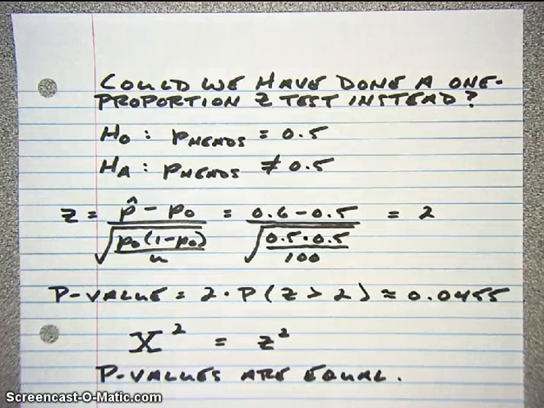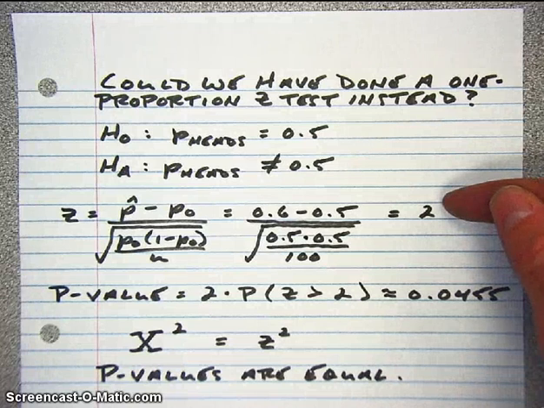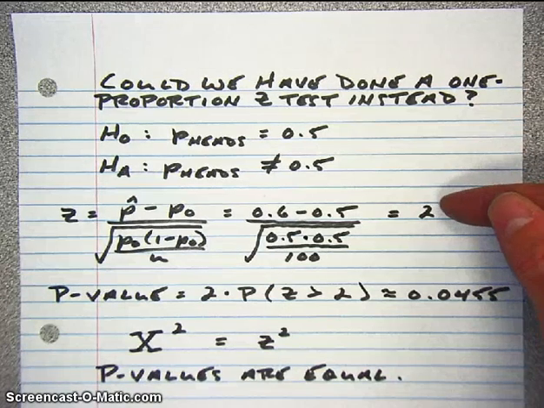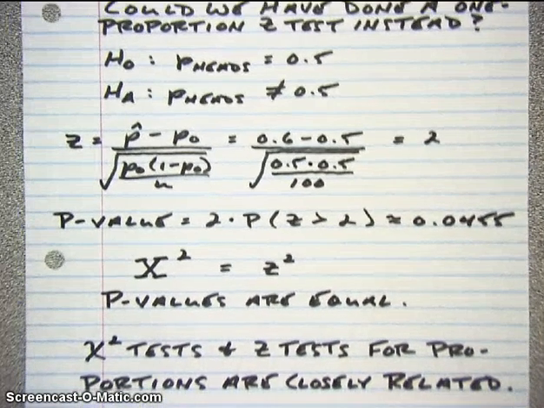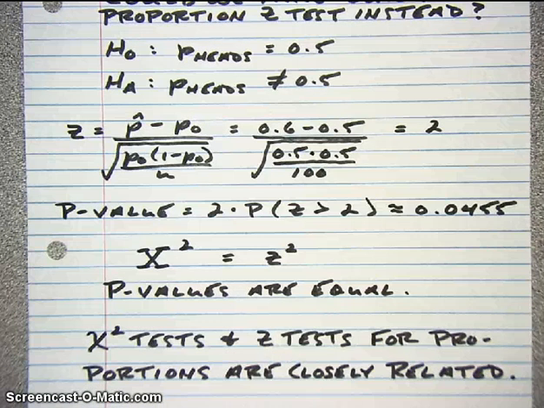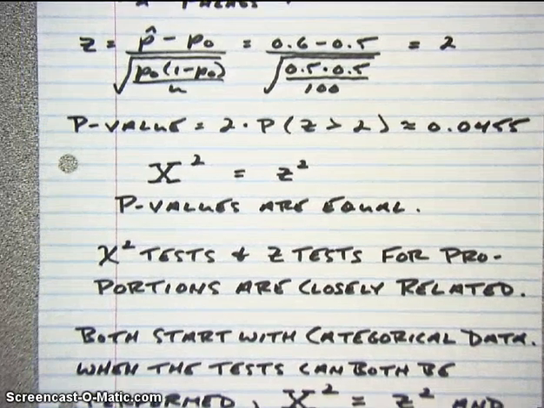That number might look familiar. And in fact, you might notice that the chi-square statistic we got, which was 4, is the square of the z statistic we got, and the p-values are equal. That suggests that the chi-square tests and the z-tests for proportions are closely related, and in fact they are. They are both dealing with categorical data, and so they have a lot in common because of that.